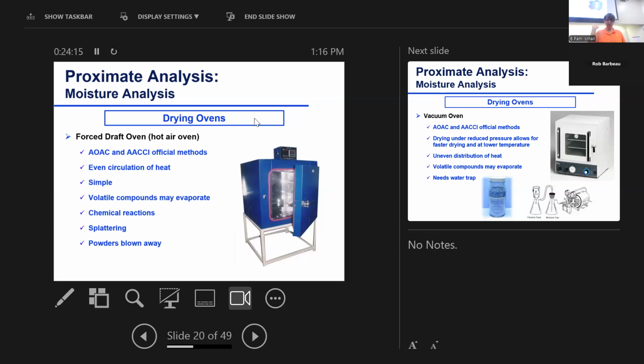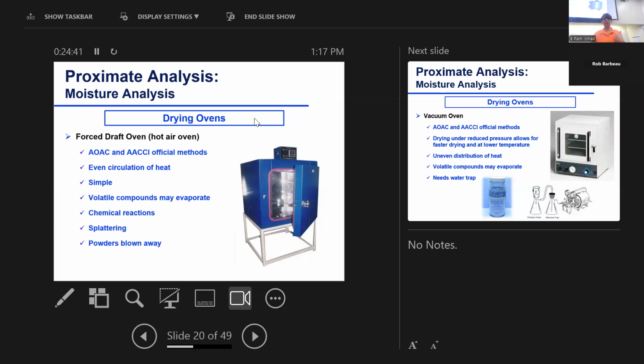So even circulation is an advantage, basically. You should have a very low coefficient of variation. If you did well in weighing and you put your samples in different places in the oven, it shouldn't impact the precision of the method. Simple, you weigh, you put it in.